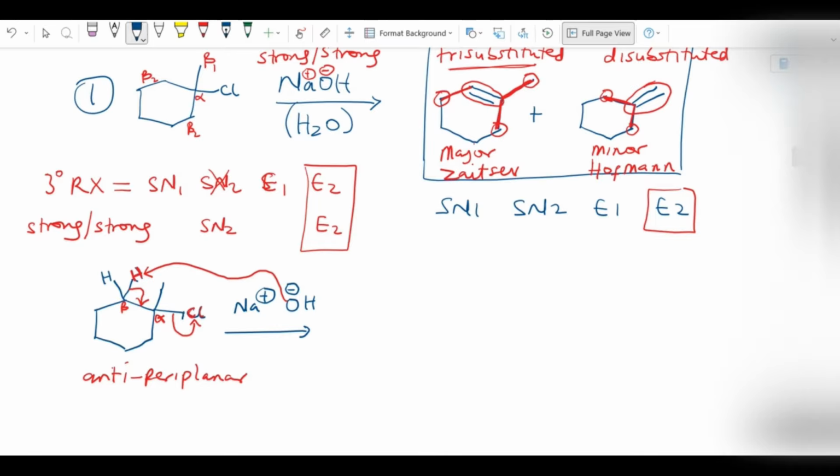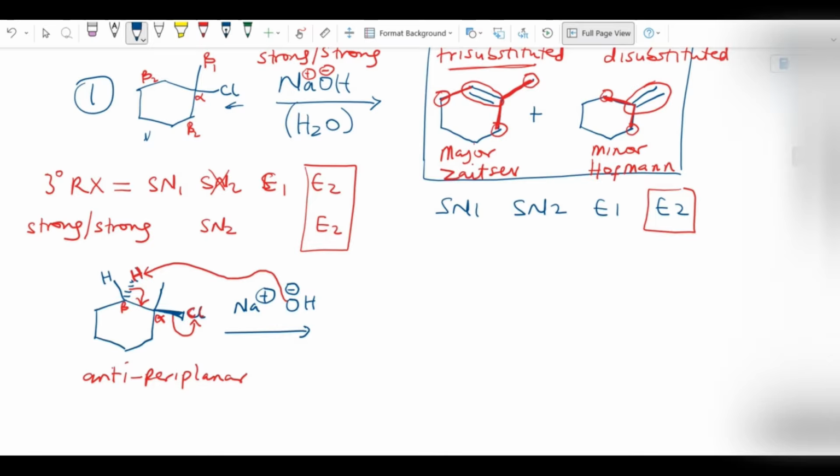So for example, if the chlorine is on a wedge bond, that hydrogen has to be on a dash bond, and vice versa. But you don't have to show stereochemistry in this case, since stereochemistry is not shown in our product. I'm just doing this to explain how the base abstracts the proton and the positioning of the proton that is being abstracted by the base and the leaving group.